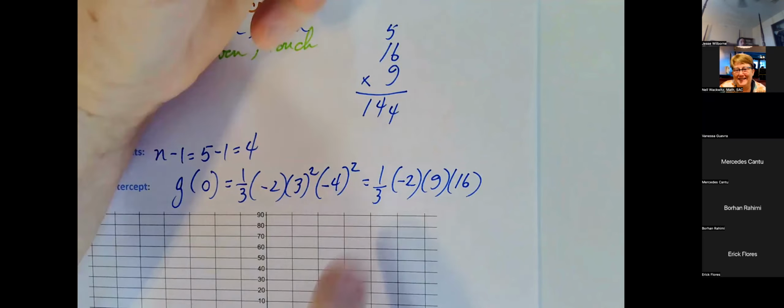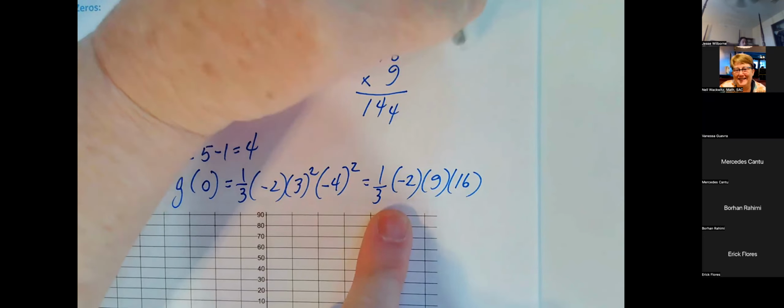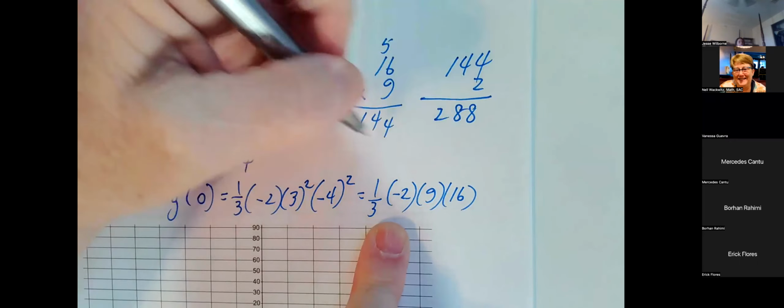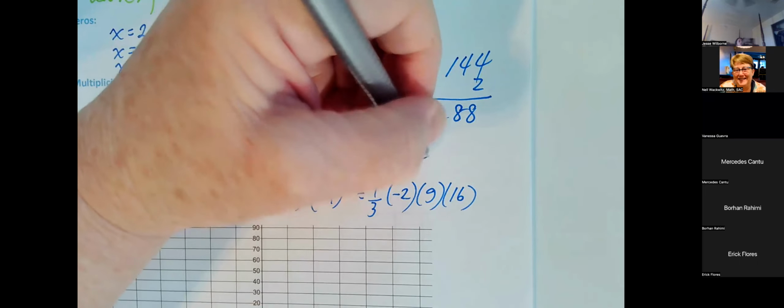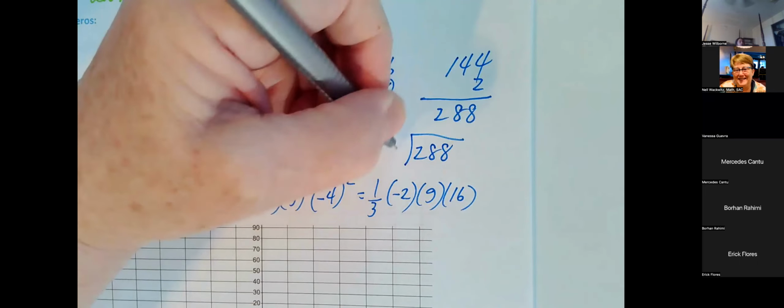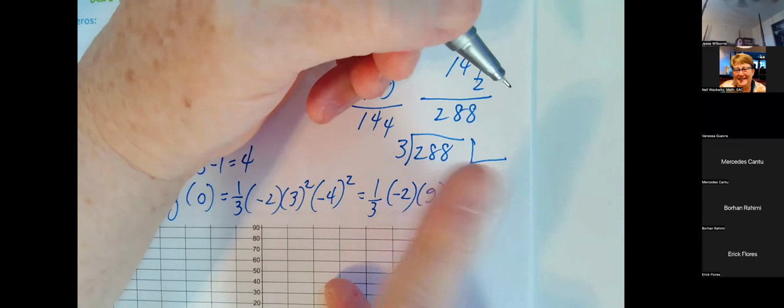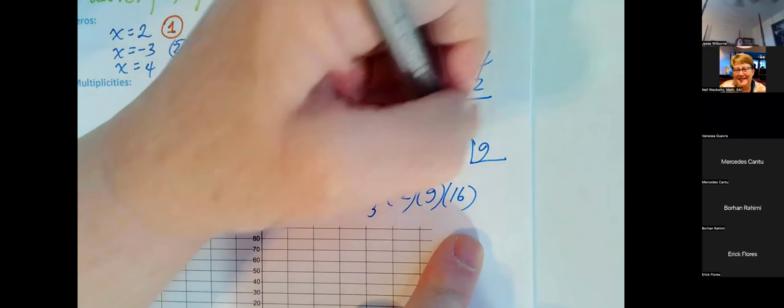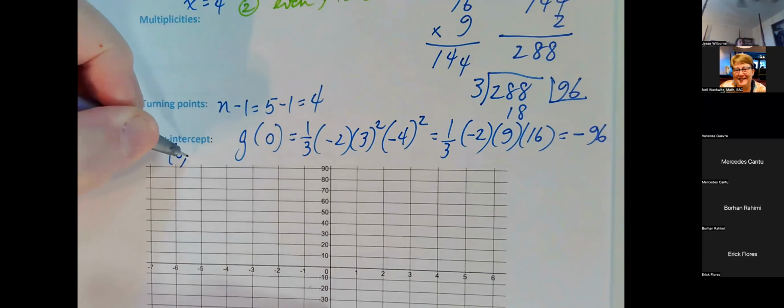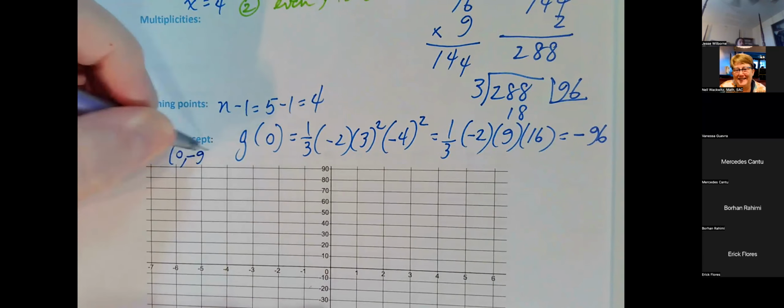That would be negative 96. So our y-intercept would be (0, -96).